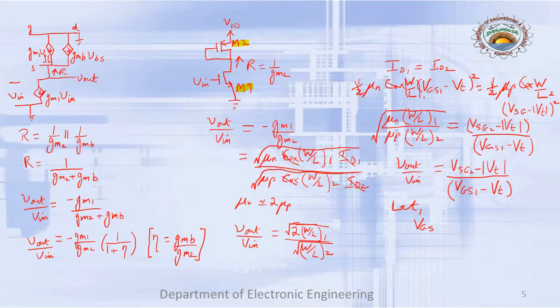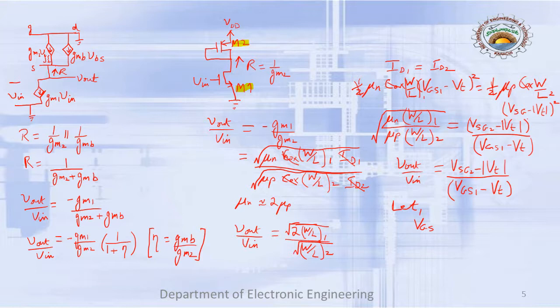There is a voltage dependent current source, and then there is another voltage dependent current source between the drain and the source. This one we knew is GM2 VGS2. This one we call GMB VBS. So we have included both of these effects.